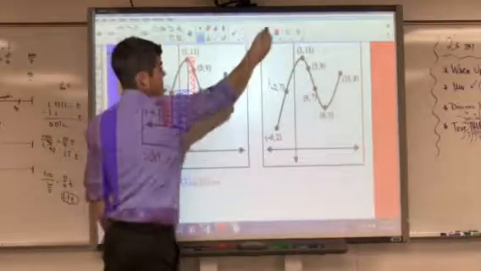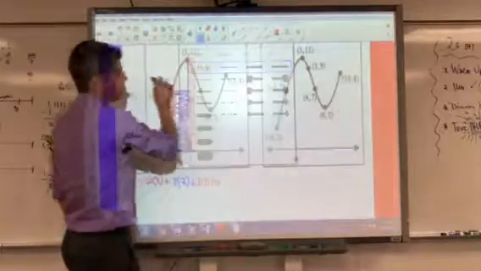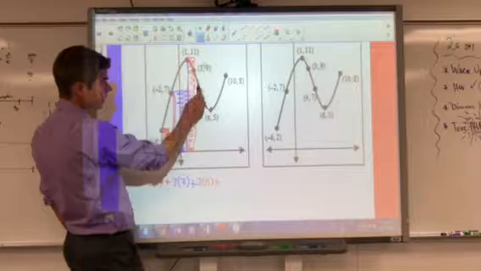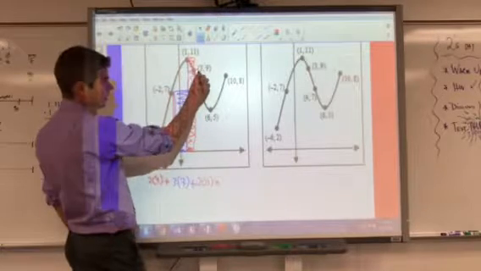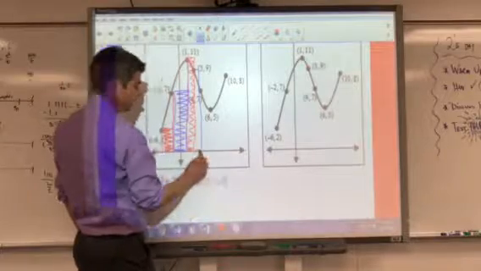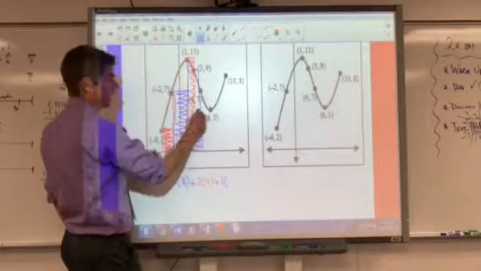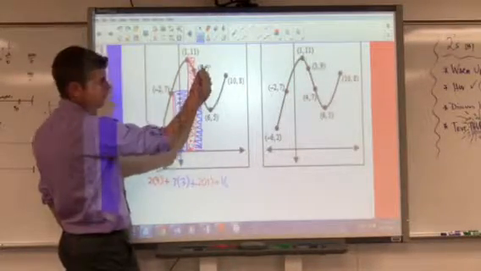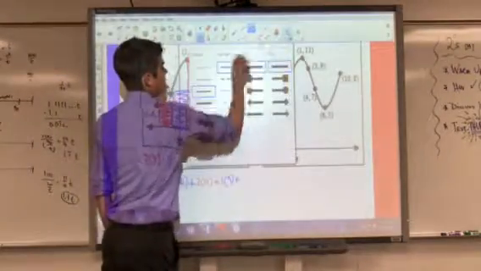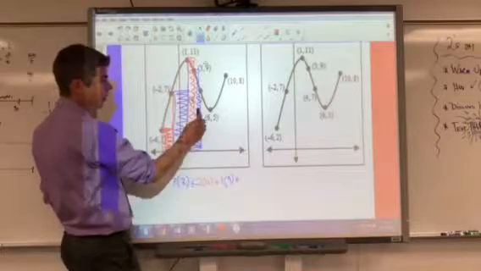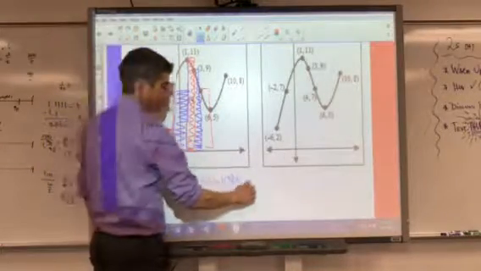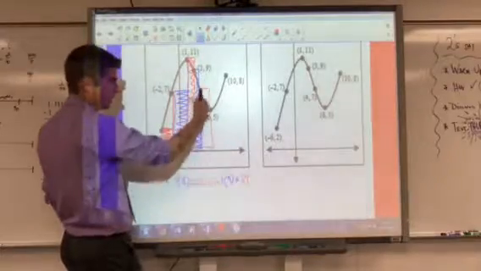Plus, go back to blue. Oops, there it is. Now I'm going from 3 to 4. So that's only a width of 1. So plus 1 times, and if I choose the left side, that's a height of 9, plus, I'm going from 4 to 6, so that's a width of 2, and so that'd be 2 times choosing the left side.